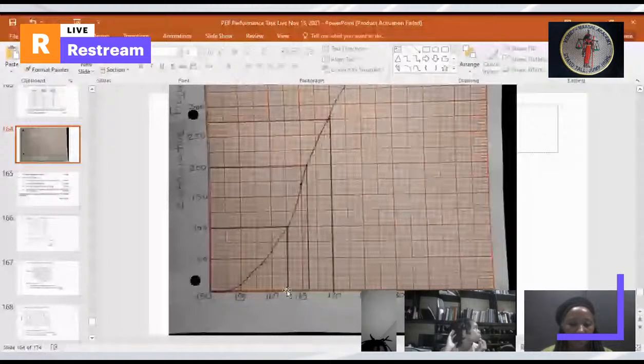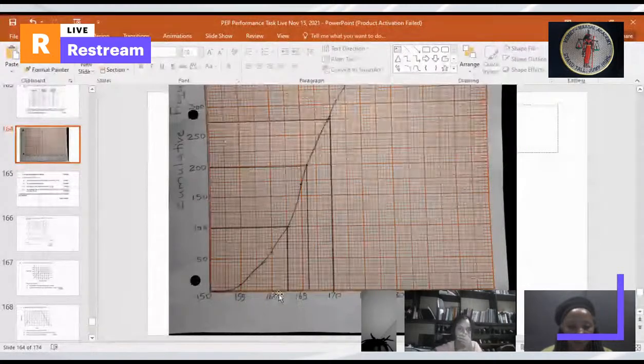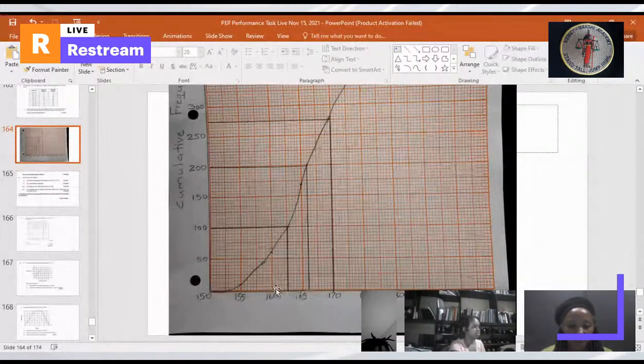So each of these tiny boxes represents one. From 160 to 165, each two boxes is one. So that's 161, 162, 162.5.